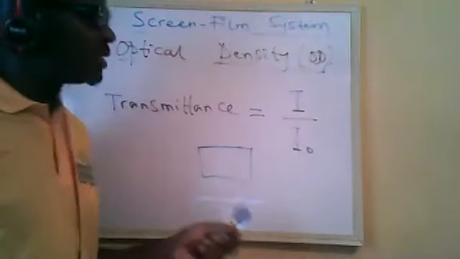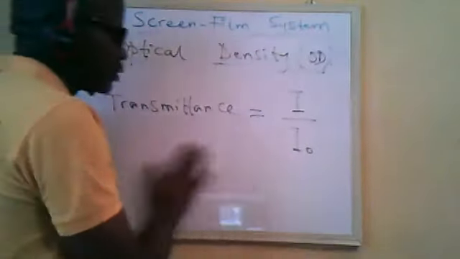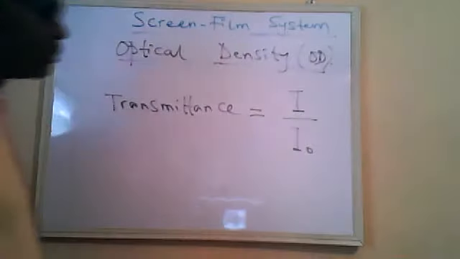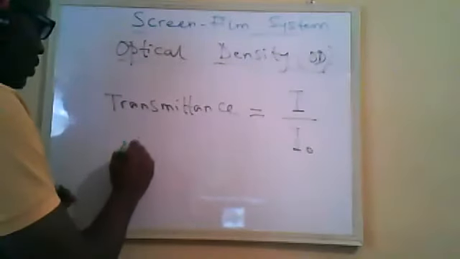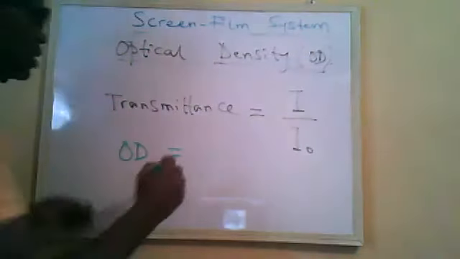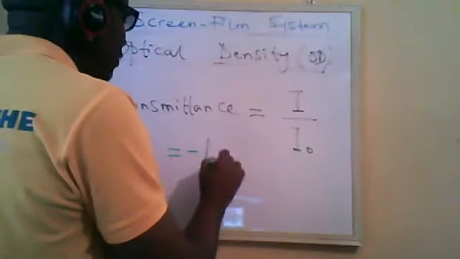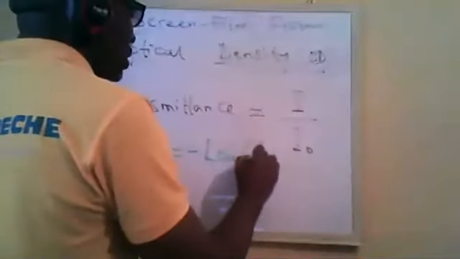I naught is the light intensity without film. At the end of the day, the value we have is called the transmittance. Then from the transmittance, we are going to have our optical density, which is the negative logarithm of I.